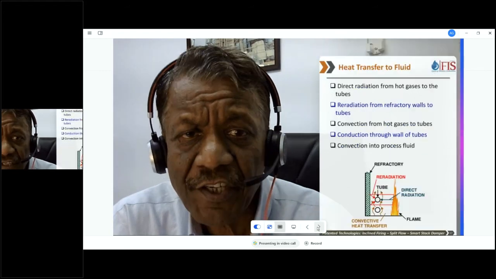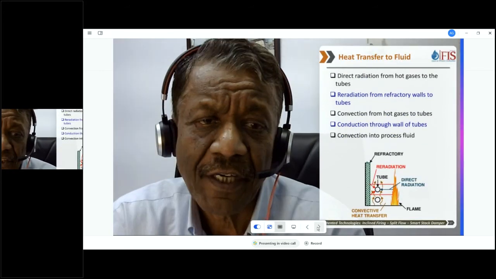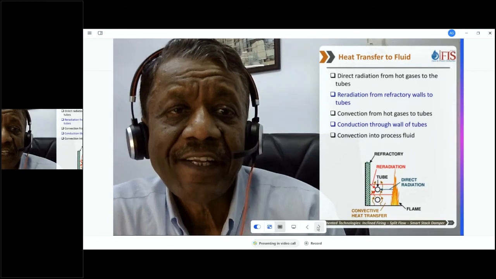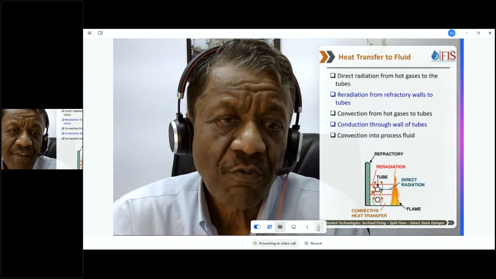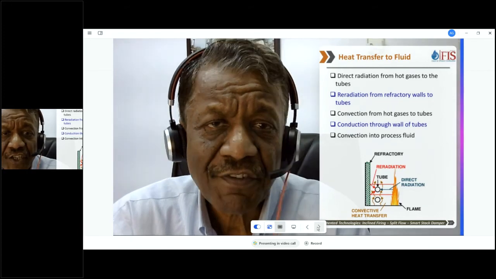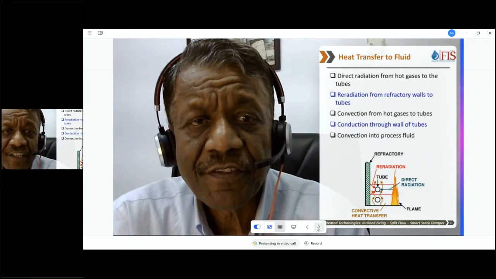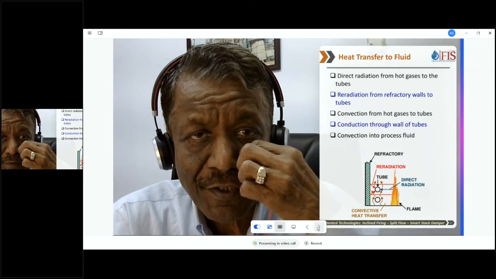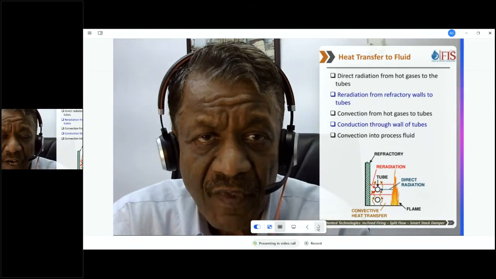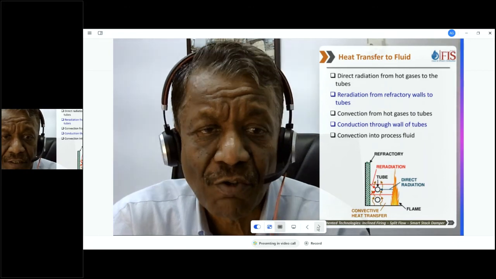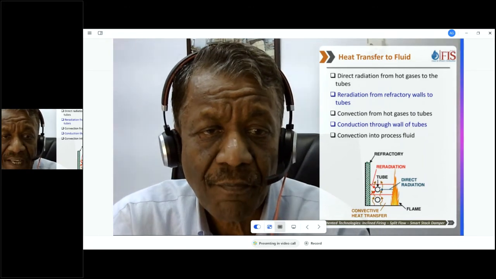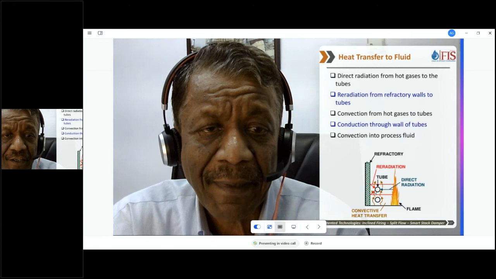So radiant heat transfer is very, very important. And let us talk about how radiation heat transfer takes place in a fired heater. So we have direct radiation. Most of the radiation is direct radiation from the hot gases to the tubes. We do have, as I said, re-radiation from the refractory walls to the tubes, whatever goes through the gap and hits the back of the tube.